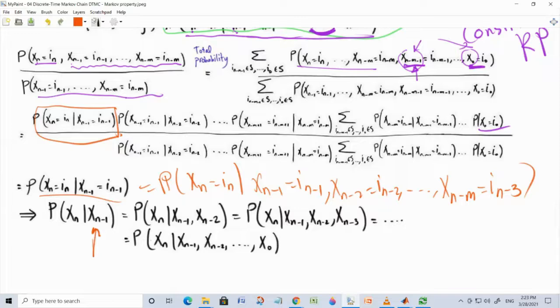So this means that we actually have a family of equalities. You go all the way to x of 0, or you stop at x of n minus 3, or at x of n minus 2, and so on. You still get that all of those are simply equal to the probability of x of n given x of n minus 1.